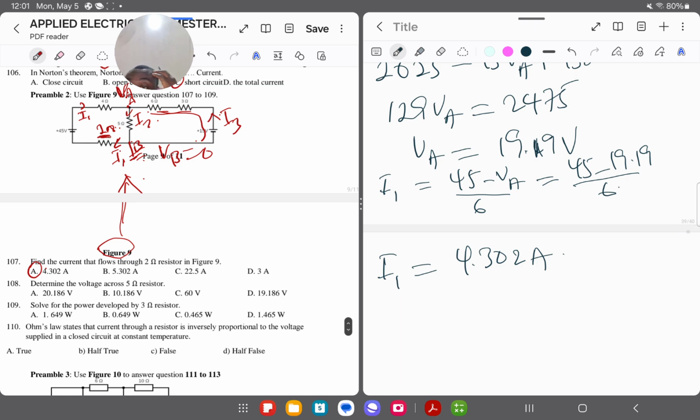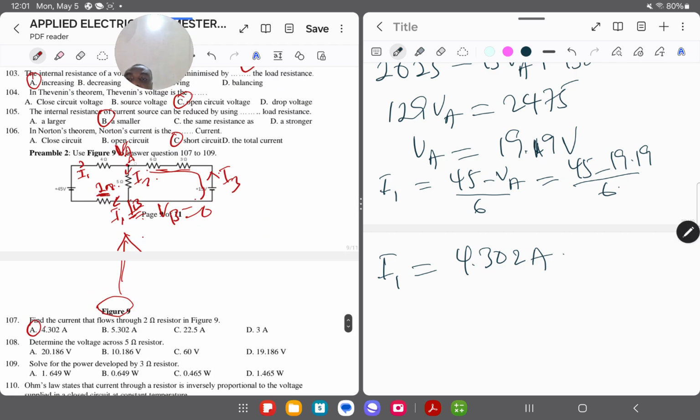Moving to question 108. Determine the voltage across 5 ohms. So here the voltage across this 5 ohms is just going to be the same voltage as VA that we calculated. Why? Because here, if the current is moving from VA to VB, right? So the potential difference is just VA minus what?